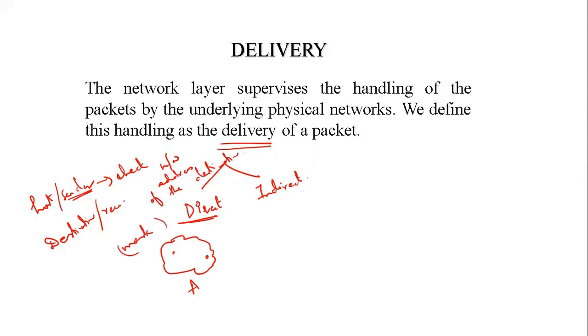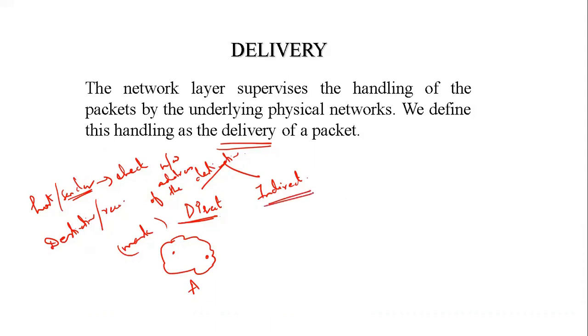The mask concept which we have already studied, it will use the mask and compare the address with the address of the network to which it is connected. So when you are creating a subnet, it will use masking, and those masks are used to check whether the network to which it is connected and the address of the destination are the same or not. If a match is found, then it is a direct delivery.